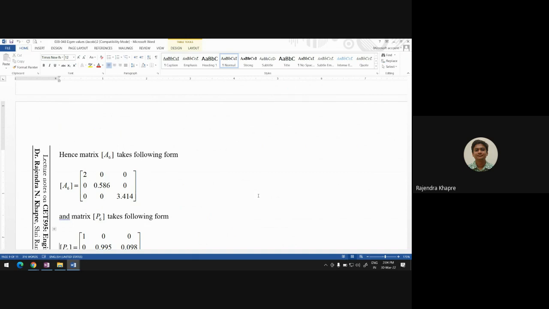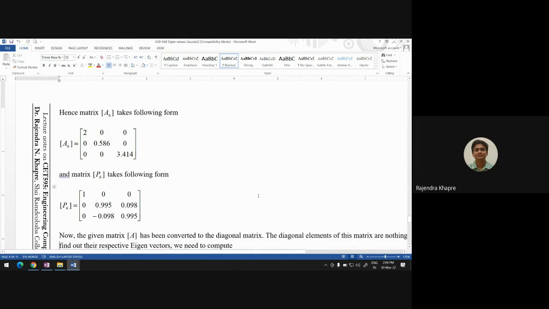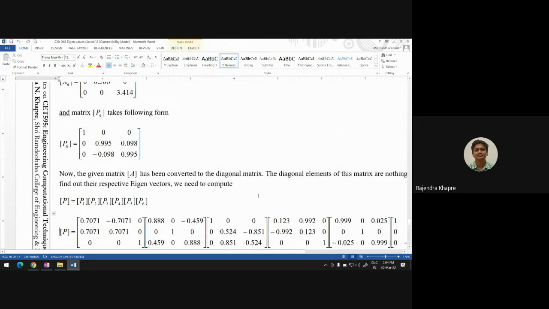Now coming to the eigenvectors. Like I said, in this entire process, we have generated P1, P2, P3, P4, P5 up to P6. All those matrices I am multiplying. You can see on the top, P is a product of P1 into P2 into P3 into P4 into P5 into P6.